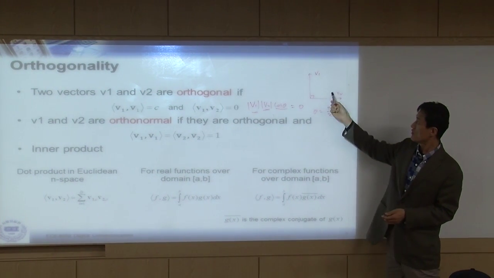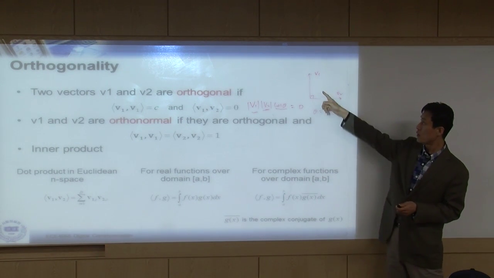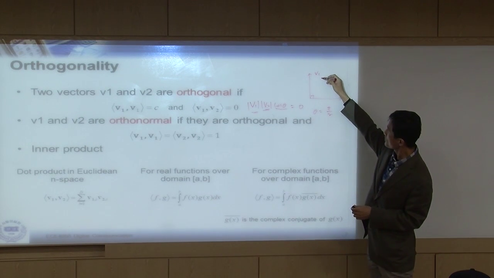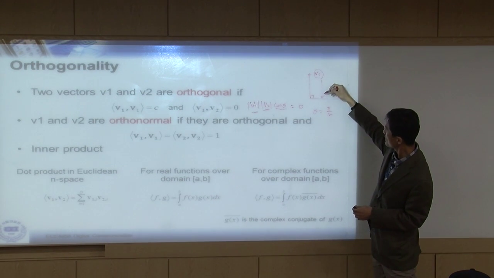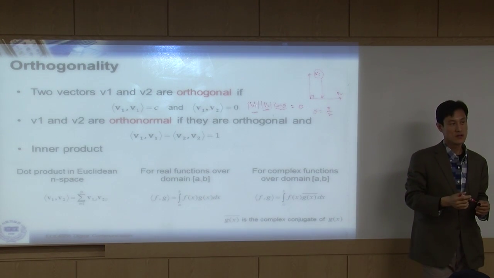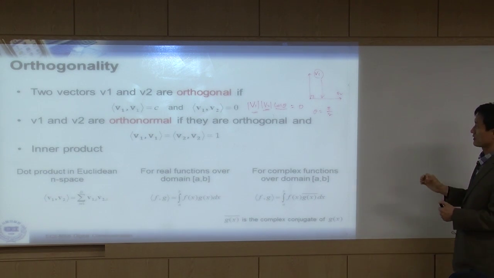So if these two vectors or signals are orthogonal, then we always have an angle of 90 degrees, which means that when you take a projection of v1 onto v2, the projection will be 0, right? The projection has nothing.